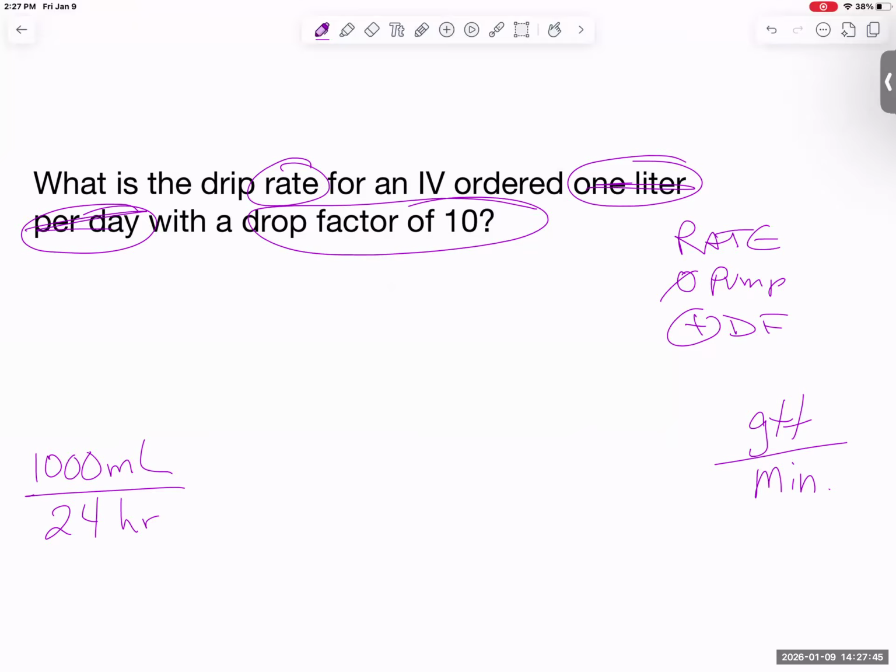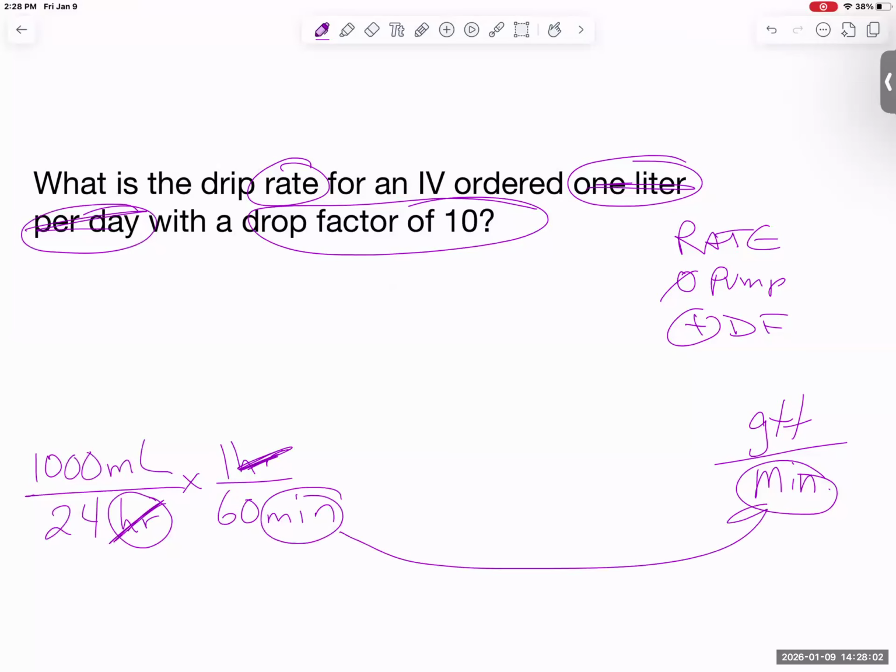All right. So how do we get there now? I like to start on the denominator. How do I change hours to minutes? 1 hour per 60 minutes. There it is. 1 hour is 60 minutes. That gets rid of hour, and there's minutes. So now I have to get rid of milliliter and get to drops.